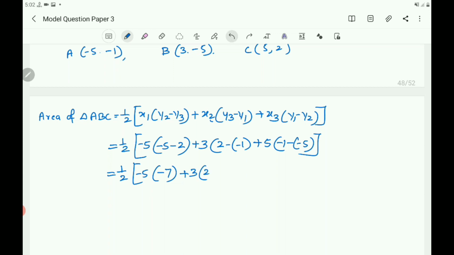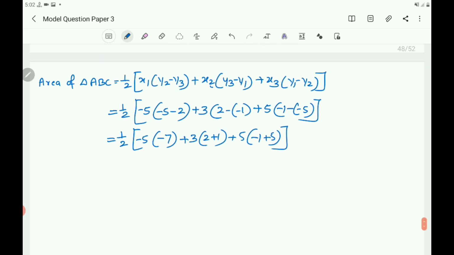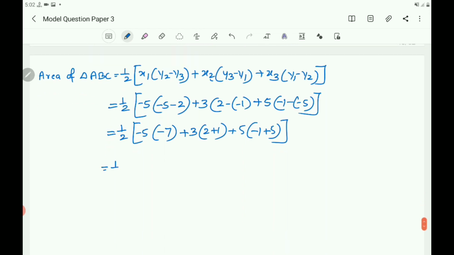Minus into minus becomes plus 1, plus 5 into minus 1 as it is, the sum of these becomes plus 5. Then that equals 1 by 2 into minus 5 into minus 7 is 35.